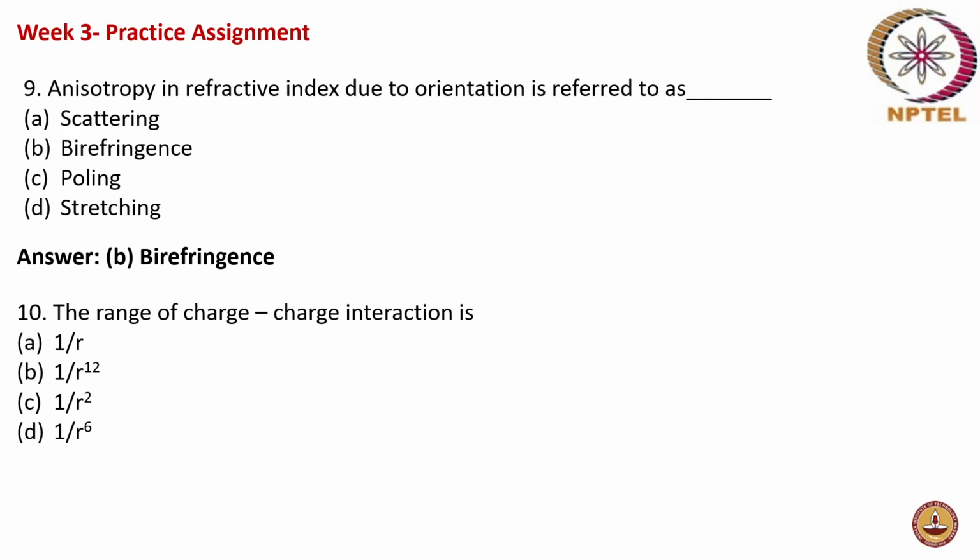So what was that range for charge interaction? Is it 1 by r, or 1 by r power 12, or 1 by r square, or 1 by r power 6? Which is the right answer? Yes, 1 by r. Are you sure? Both of you?